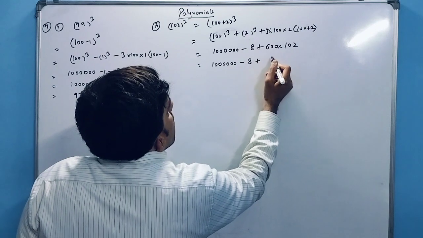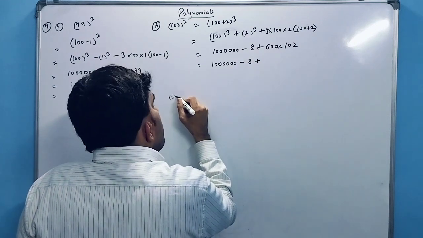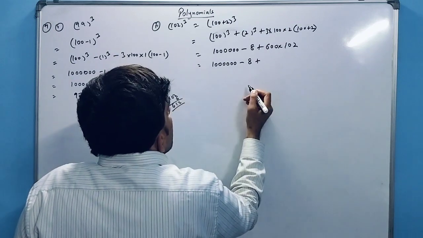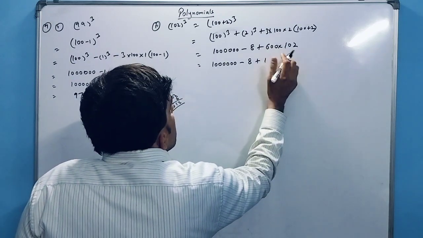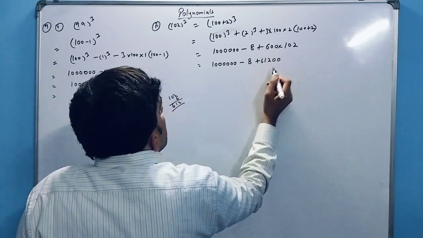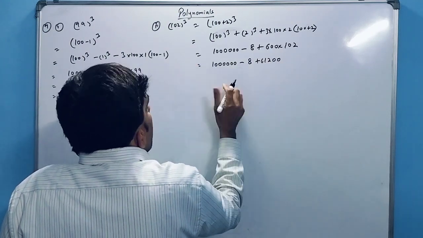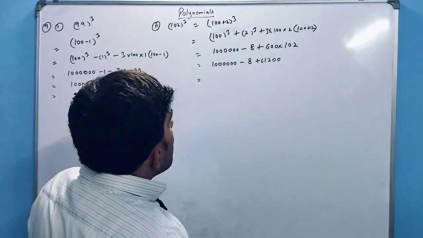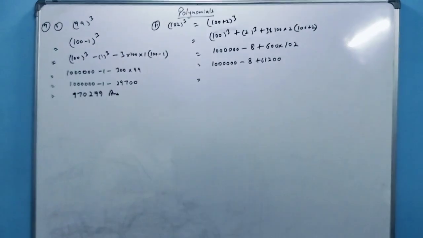Okay, so now we'll solve this very easily. I got this 61200. Okay, so now I can easily calculate this value and find my answer.